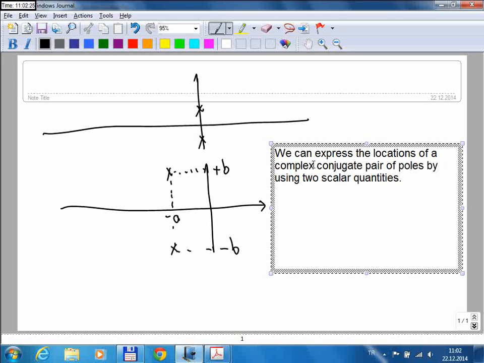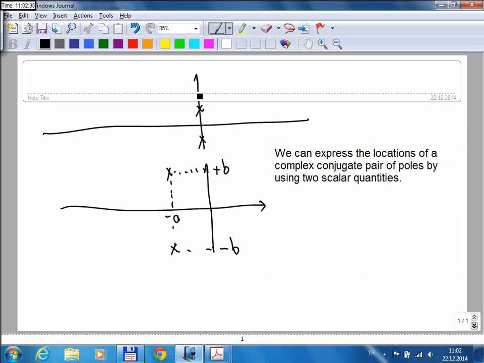In the case of real poles, one scalar quantity was required, and it was either the time constant or the location of the pole. If we have purely imaginary poles, again one scalar quantity was sufficient, and that was the natural frequency, which was this distance. And now in the case of general second order systems, we need two scalar quantities.